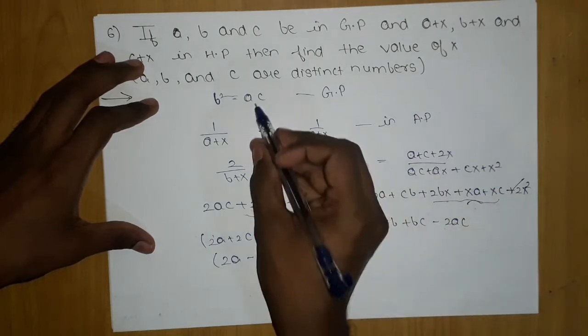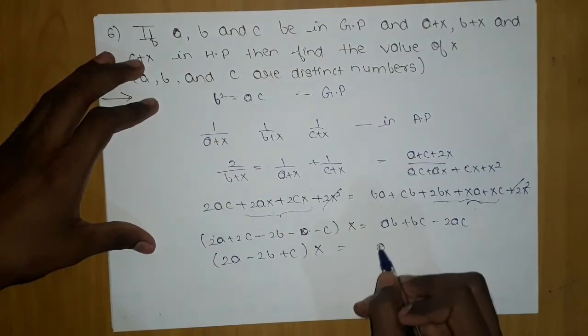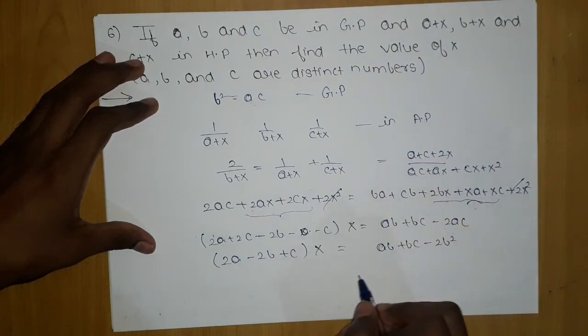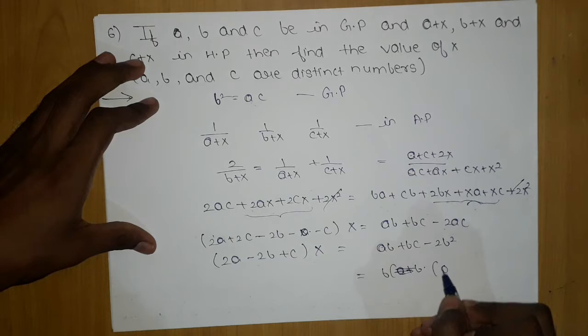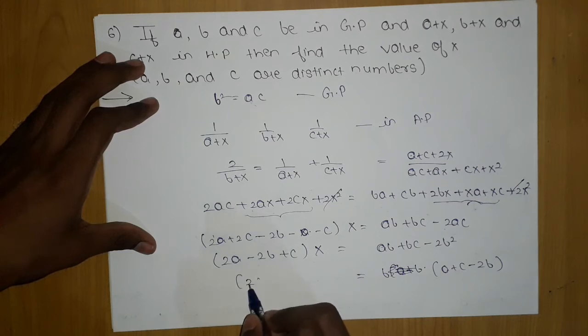Now 2ac, I can write ac as b square. So ab plus bc minus 2b square. If I take b common in the next step, what we have is a plus c minus 2b.